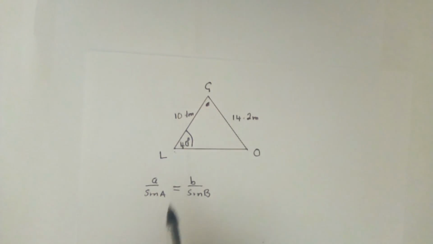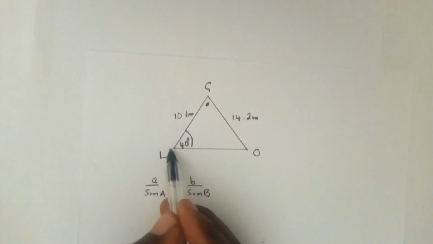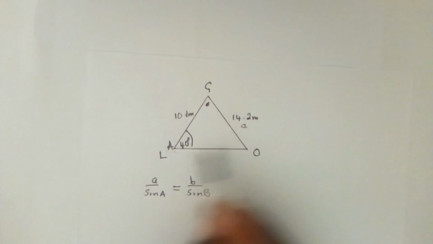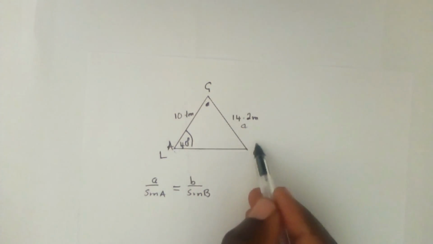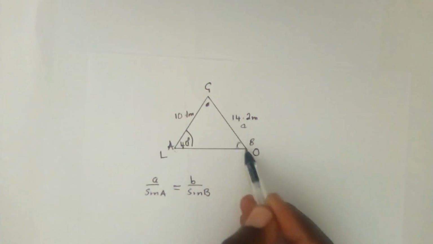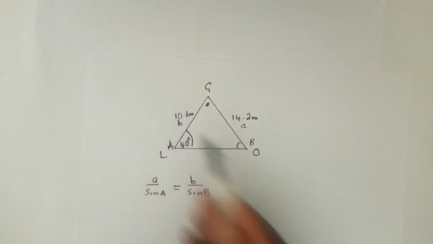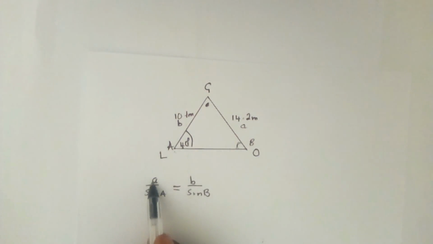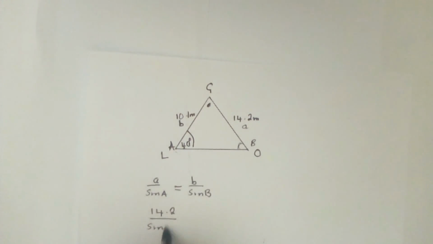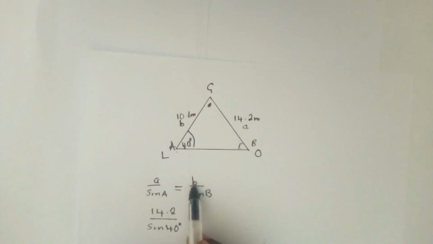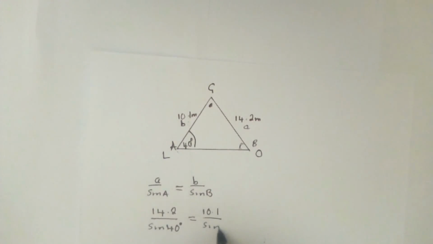So we'll say this is our capital A and this is our small a, the corresponding side. This is our capital B, this angle over here, and this is our small b over here. So we can pick capital A, small a, where small a is over here, it's 14.2 over sine capital A, it's 40 degrees, is equal to small b, which is here, 10.1 over sine capital B, which we don't have, so we put x.